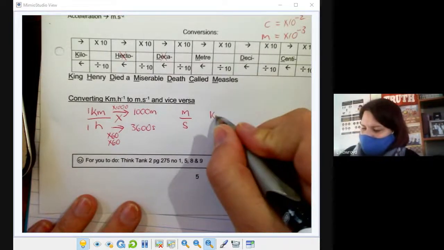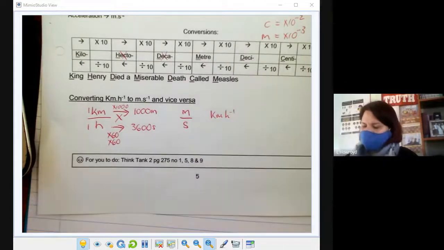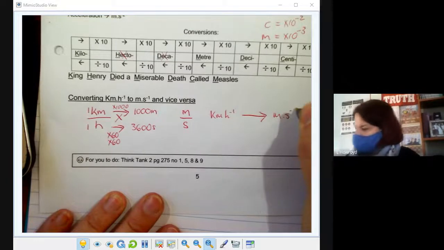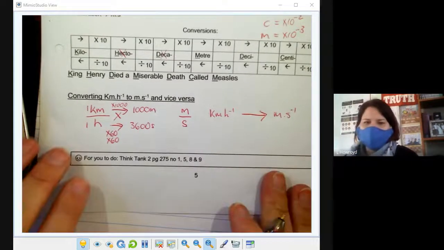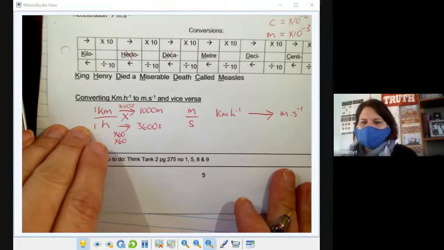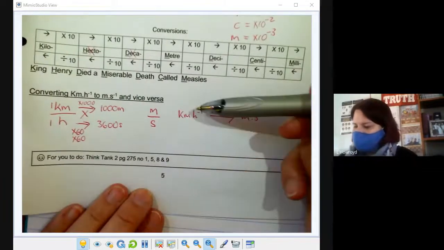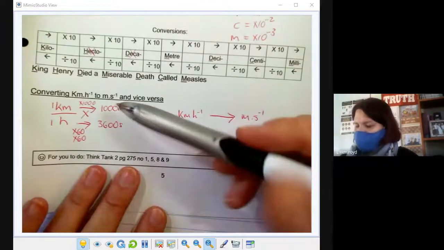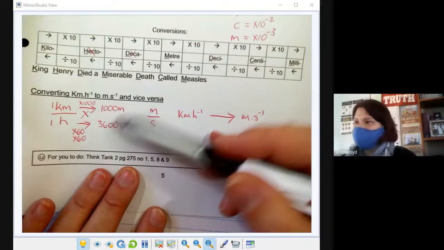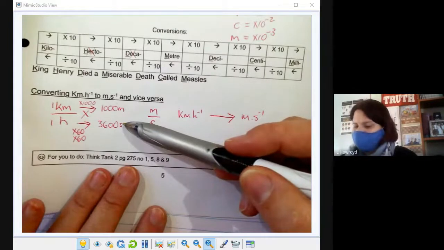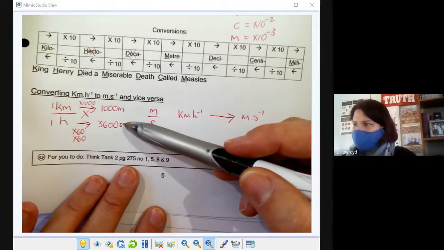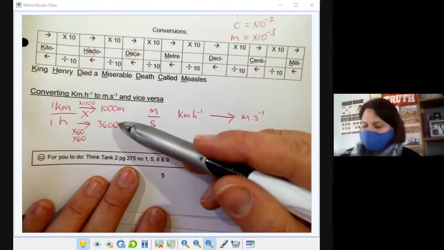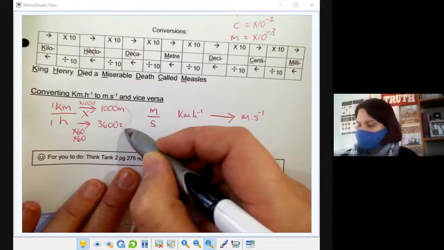So kilometers per hour to meters per second. What do we need to do to get straight from there to there? If we say 1,000 divided by 3,600, we're going to get another number, but I don't want to do that with you. What I'm going to do is flip these two around, so I get the bigger one over the smaller one.